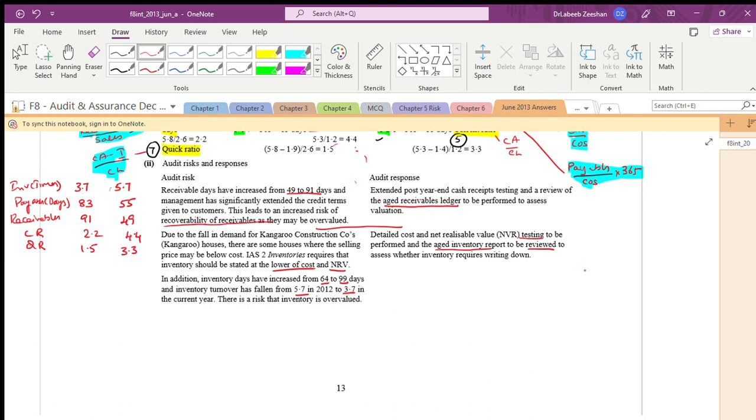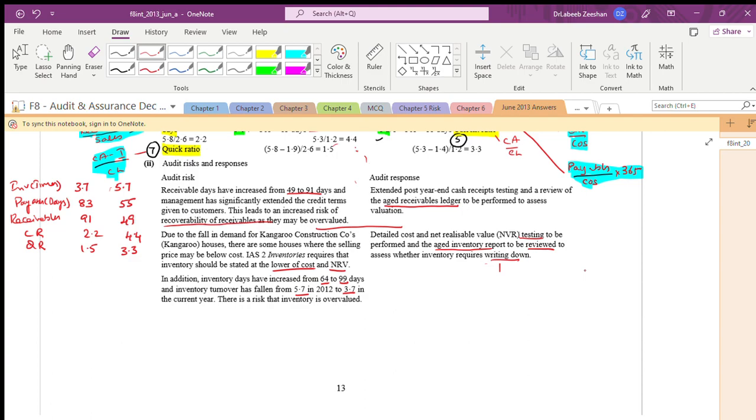See what happens: if there is any aged inventory, you are giving discounts, you are doing some offers, is it right? By discounts and offers, the value of the inventory has been decreased. This is the response.